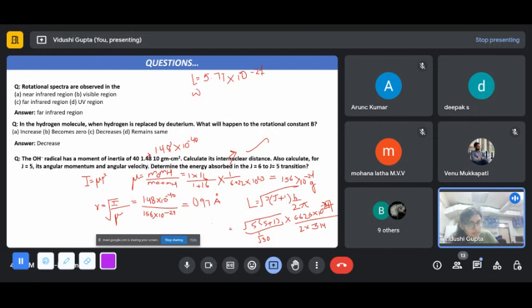Angular velocity is given by omega equals L upon I. This is the formula. L is I omega.